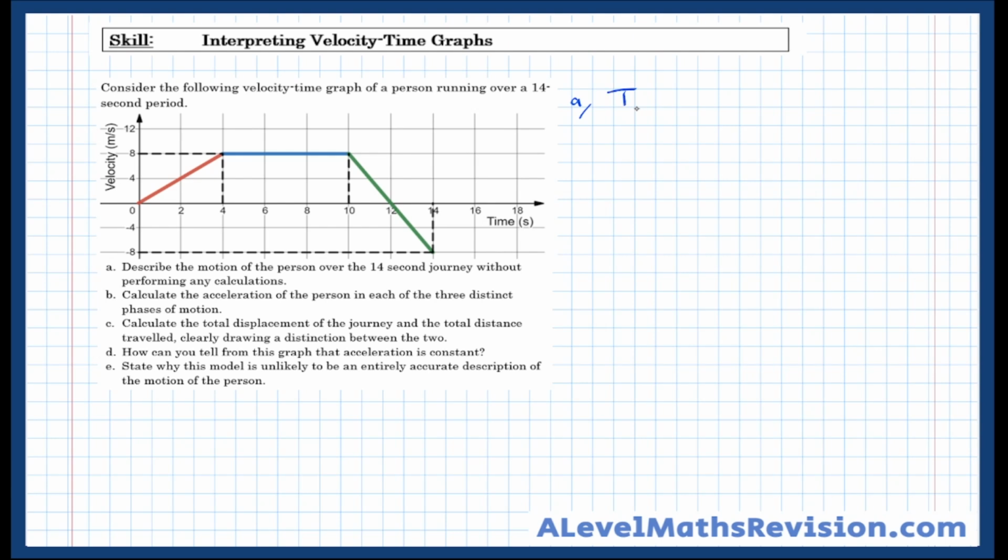So the person starts at rest at t equals 0. That's there, starts with 0 velocity.